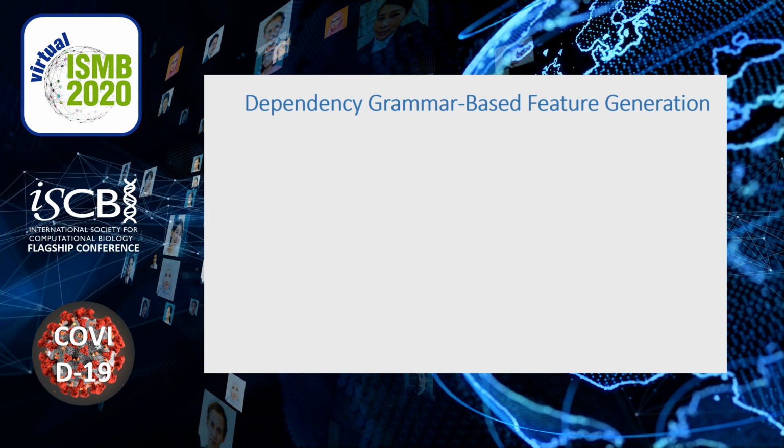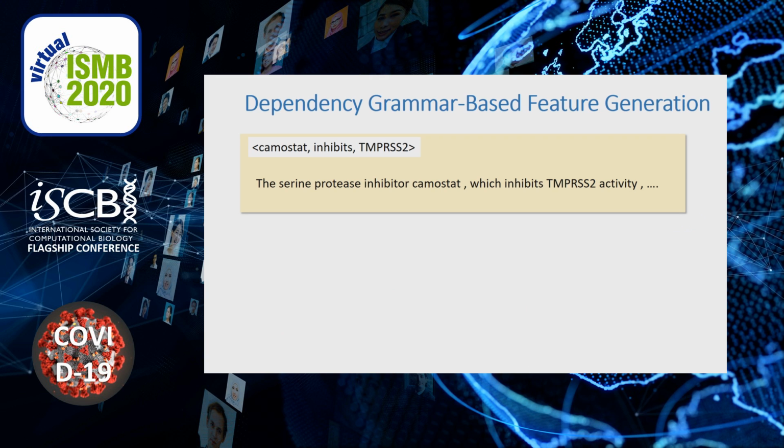Here I want to explain how grammar-based feature generation works. So we start from an example sentence that contains the relation between a gene and a chemical, represented in the tuple of chemical inhibit gene.